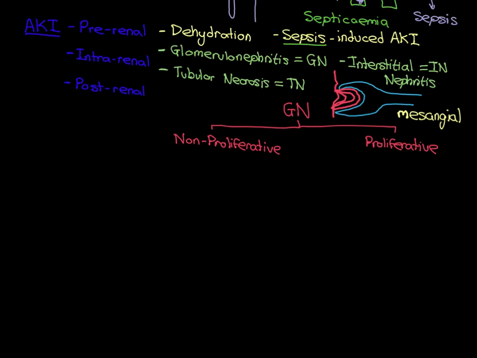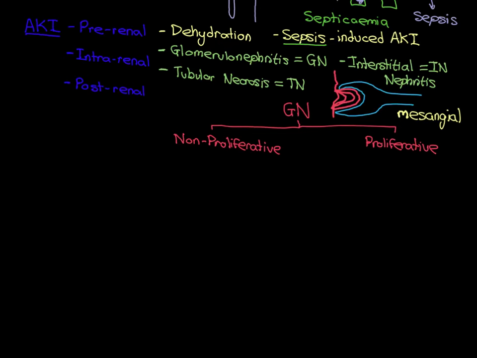Now, coming back to our categorization of proliferative versus non-proliferative, inflammation, you'll remember that it consists of two major parts: bringing in proteins from the bloodstream that can attack pathogens, such as the complement proteins, and bringing in cells, white blood cells, from the bloodstream into the tissue so that they can attack pathogens.